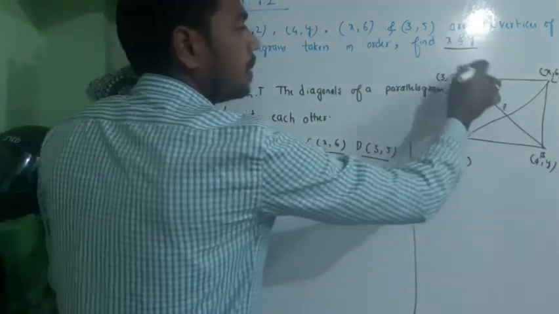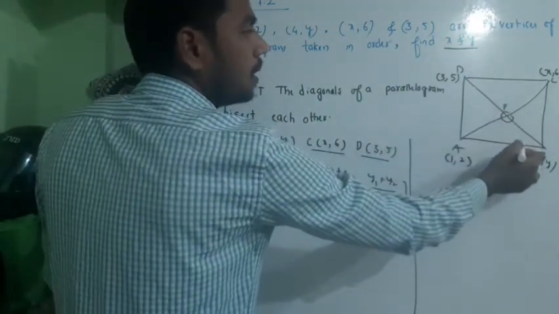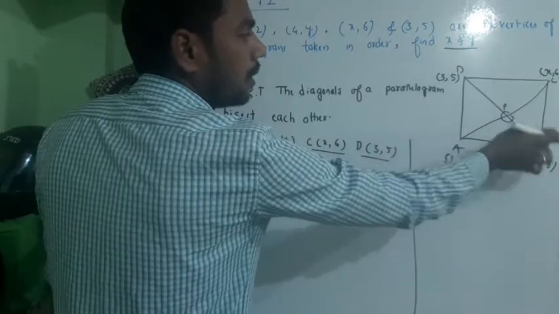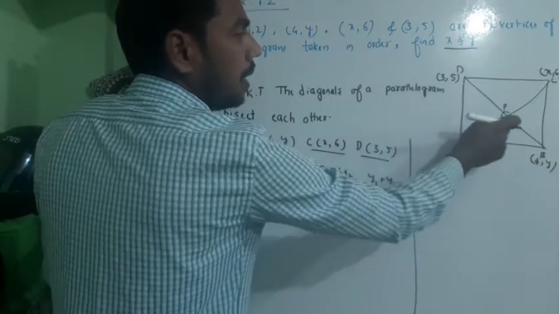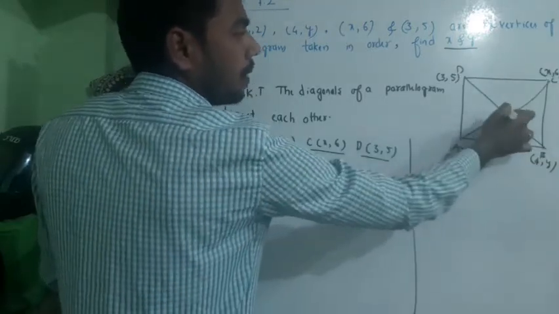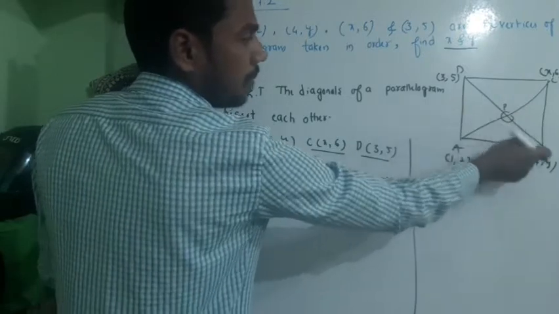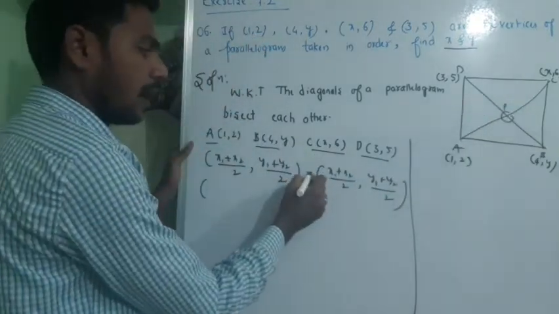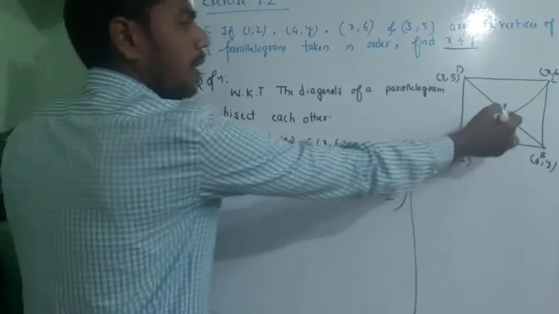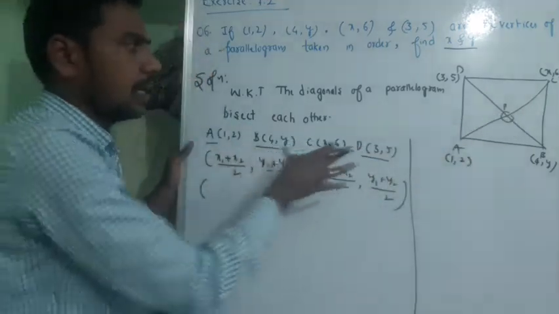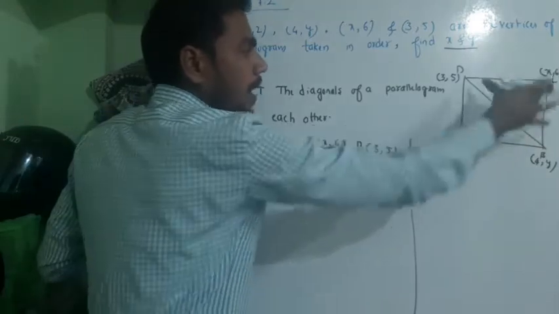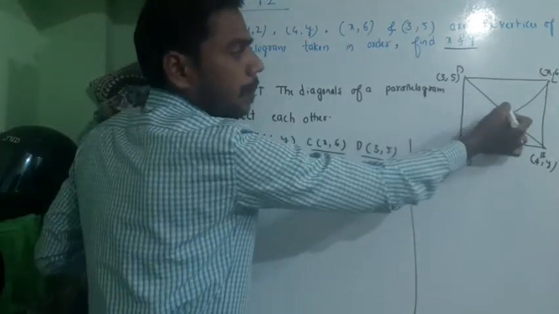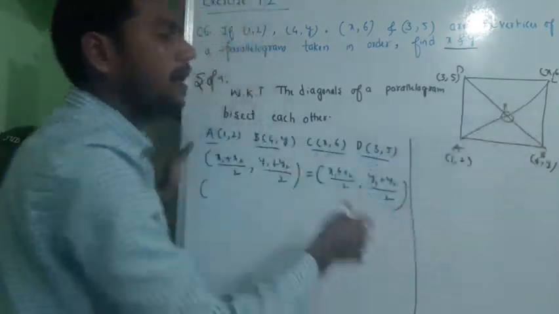So if they bisect each other, this is the point. Even if you do AP, PC, we are referring to this point. DP, PB, we are referring to this point. That is the reason I have given the equal sign: we are finding point P using AC, and we are finding point P using DB, and the point remains the same.